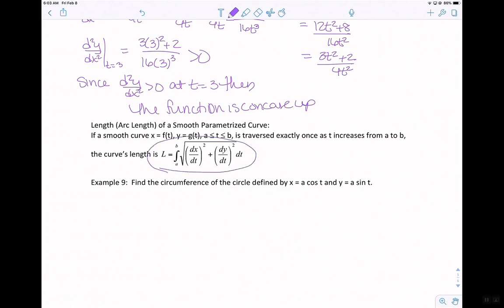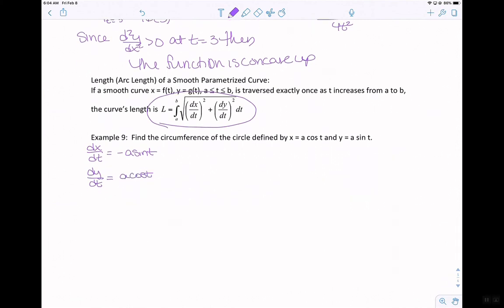What this formula says is that the arc length, or the length of the curve, is equal to the integral of the square root of dx dt squared plus dy dt squared. So dx dt is equal to negative a sine of t. dy dt is equal to a cosine of t.